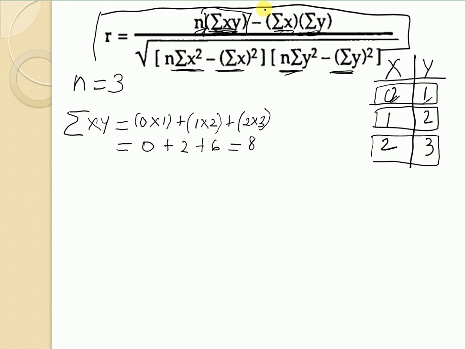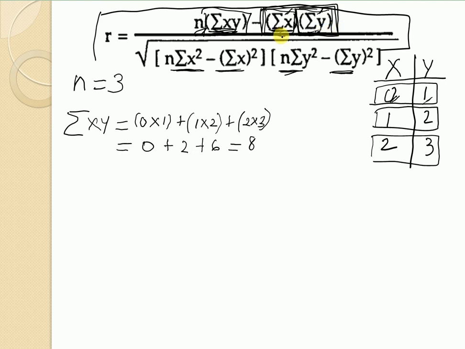The second part, or the other summary statistics, says the product of the sum of x and the sum of y. To calculate these summary statistics, we need to add all the x values together. That's how we get sum of x. Then add all the y values together. That's how we get the sum of y.